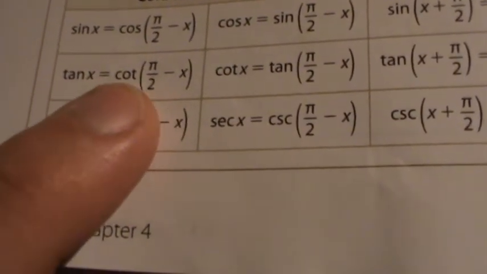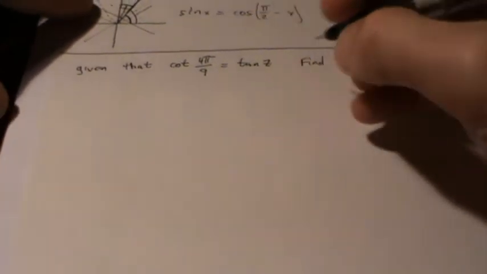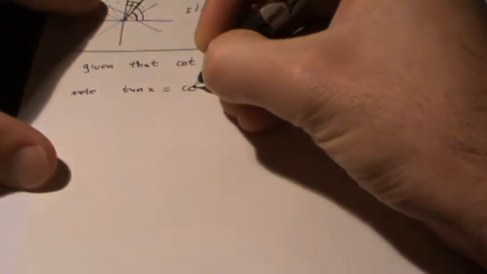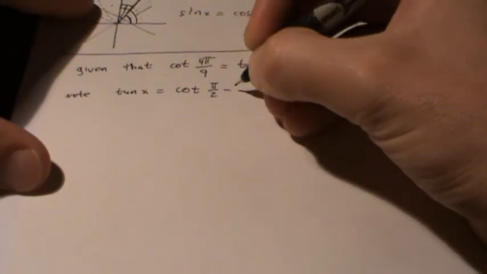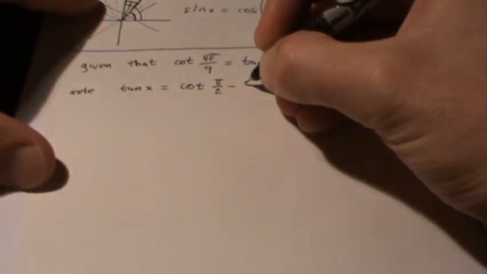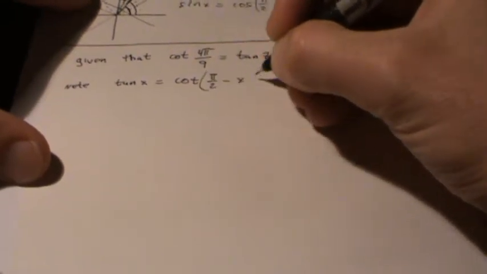Tangent of x is equal to cotangent of pi over 2 minus x.